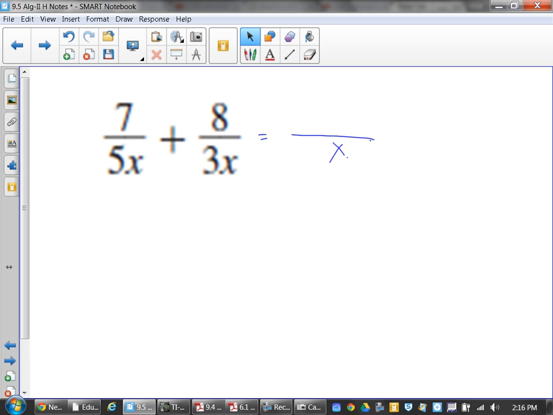So what's the least common multiple of 3 and 5? 15. So what do you multiply 5 by to turn it into 15? What do you multiply the 3 by to turn it into 15? 5.